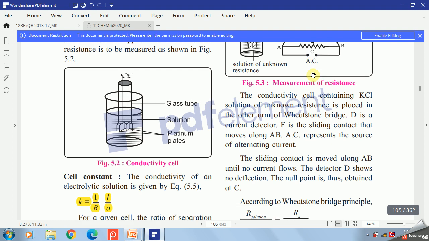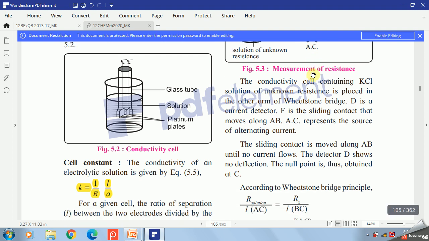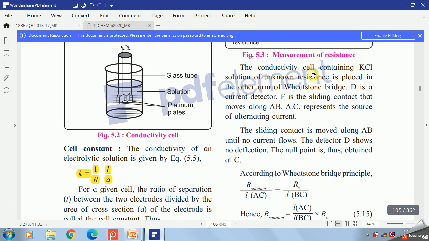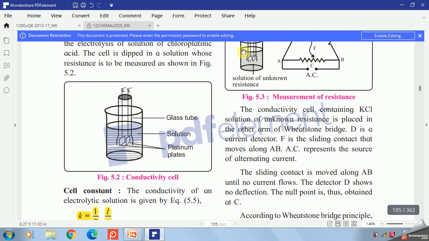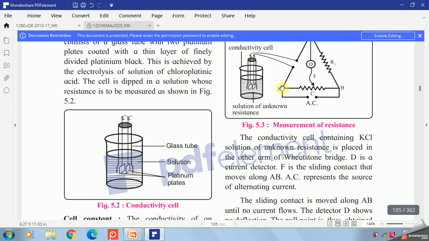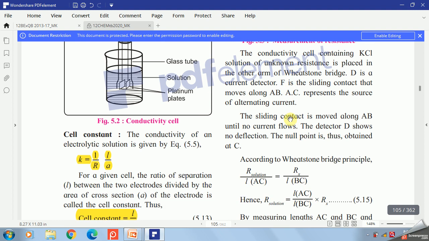So according to Wheatstone-Bridge principle, the resistance of solution, here we measure the resistance. So this AC is the distance and here is the known resistance, so BC is the distance. So according to Wheatstone-Bridge principle, resistance of solution divided by length AC is equal to given resistance Rx divided by length BC.